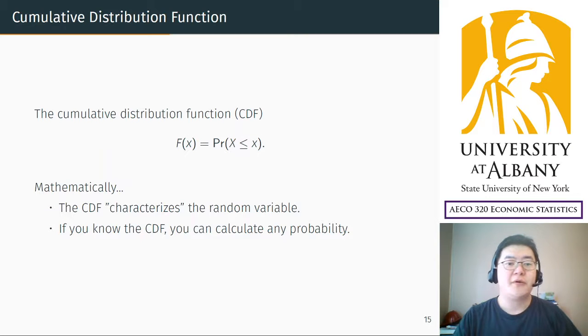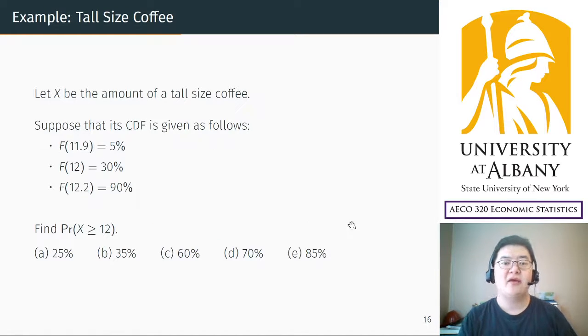Hello. In the previous video, we learned that a continuous variable has no probability on a single point. So we have to define the probability using the cumulative distribution function instead. Let's think about an example. Now, X, we are going to consider a tall size coffee.